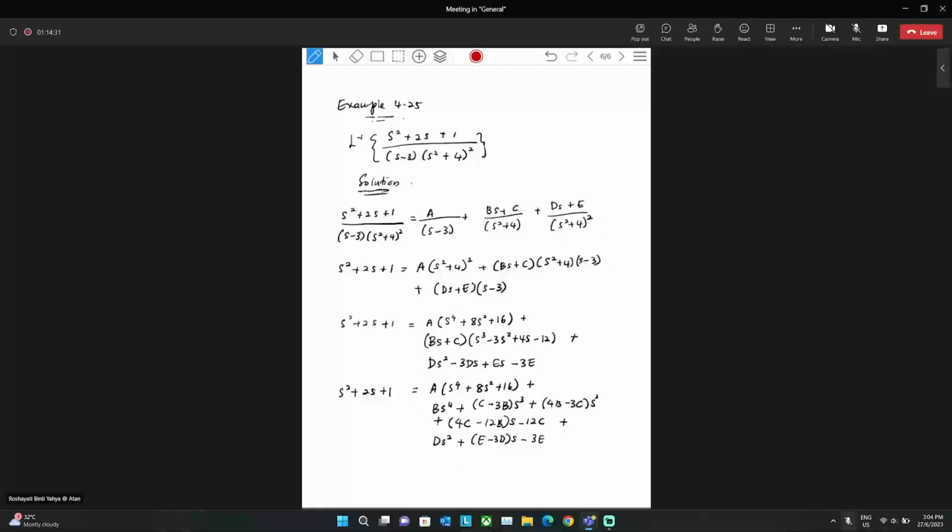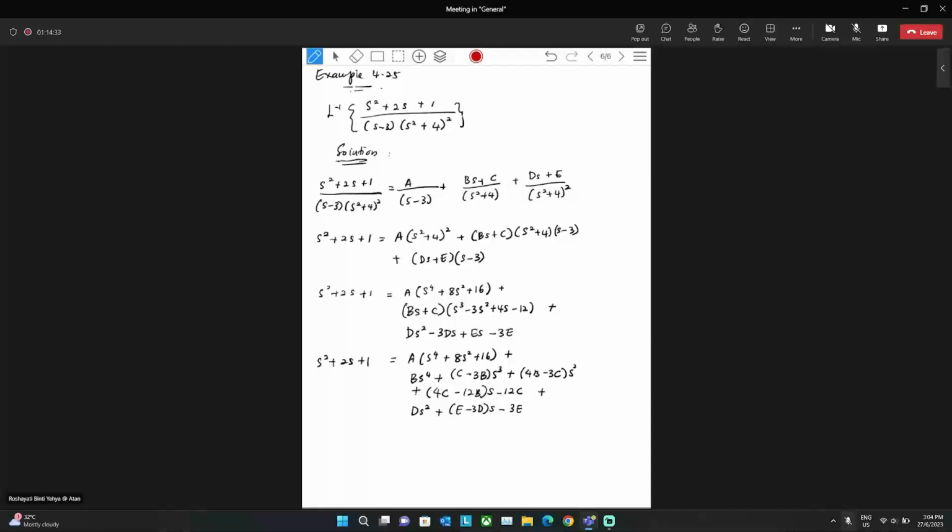After that, we can go straight away to equating these coefficients. In this case, S squared plus 2S plus 1. Why does this S not combine with this S?